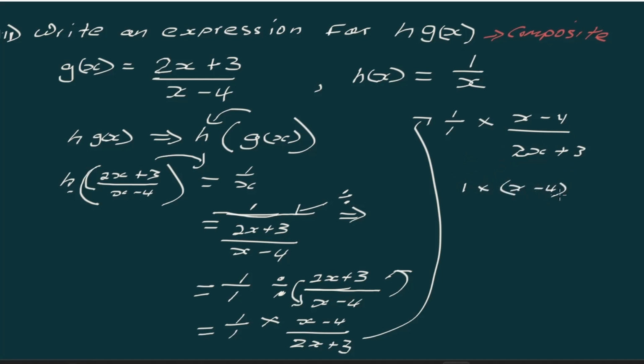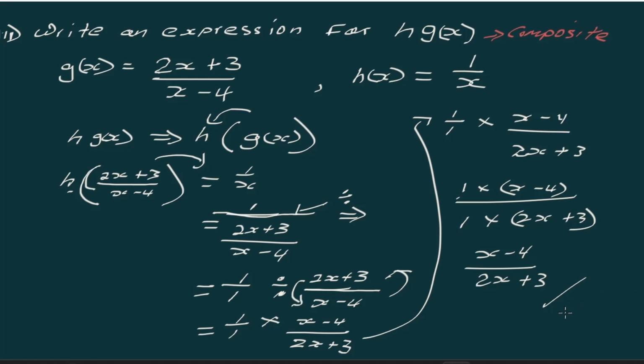Remember, this is a single unit, so you put brackets around it, over 1 multiplied by 2x plus 3. So 1 multiplied by anything will give you back the same thing. So x minus 4 over 2x plus 3, and this is your final answer here.